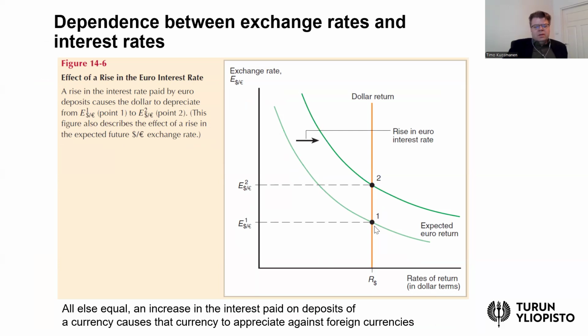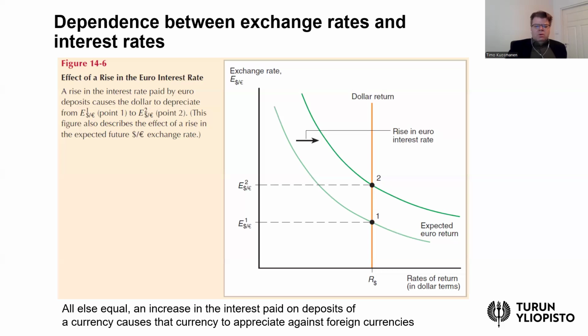So if we were initially at point one in the equilibrium, then if the interest rates in Europe increase, we need to have the euro appreciate relative to the dollar, and then we have a new equilibrium at number two, so that again investors are equally well off investing in Europe or the US, and this change in the currency exchange rate automatically brings balance again.